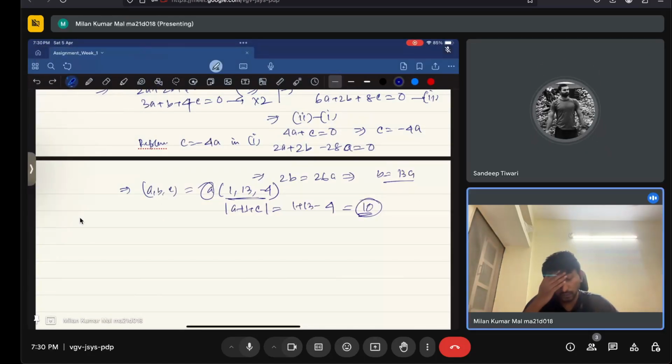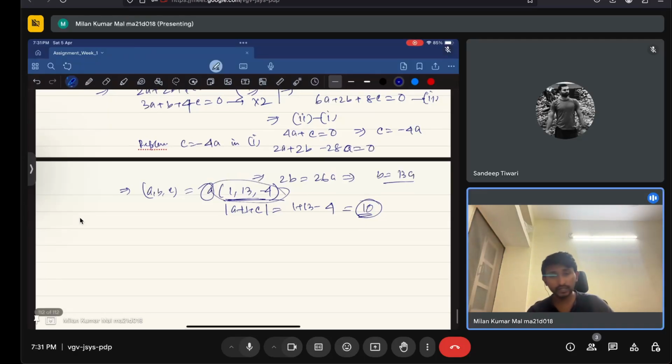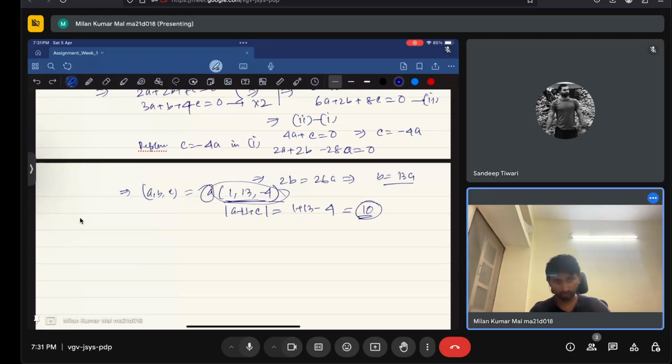So either it will be this one or an integer multiple of it, because if I multiply by a non-integer, 1 will no longer be an integer.